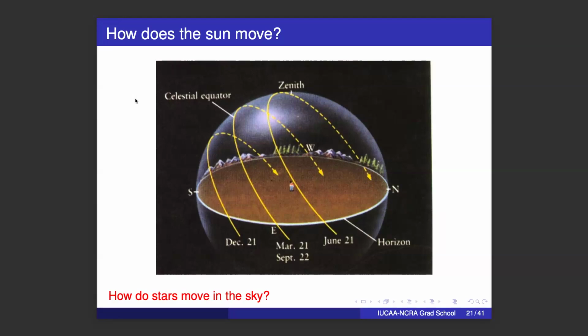Yeah. How do stars move in the sky? Do stars also rise in the east and set in the west? What do you think? Position of the star, of course, but where it rises will depend.